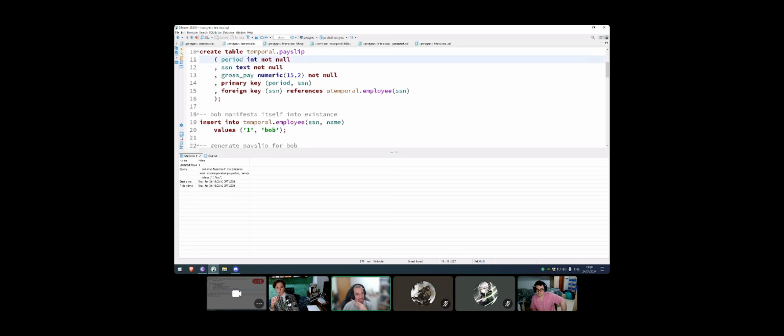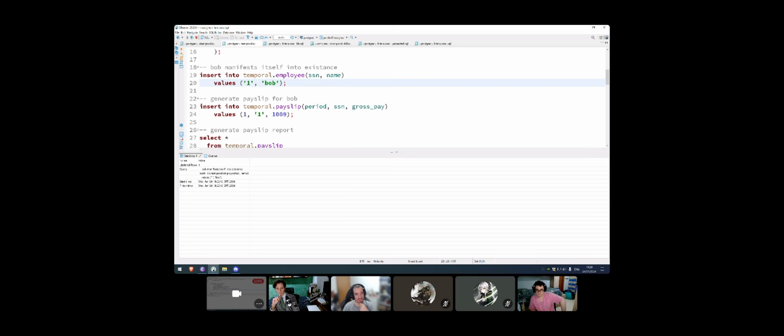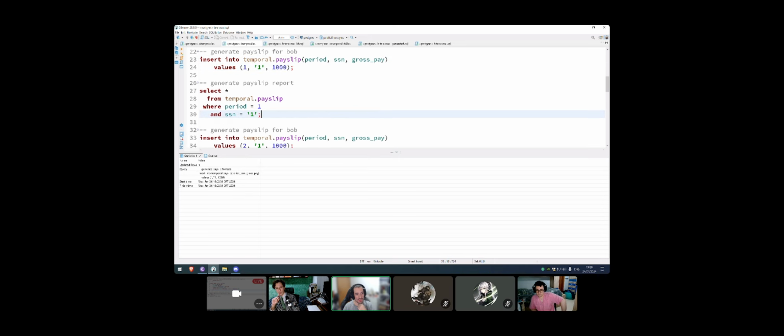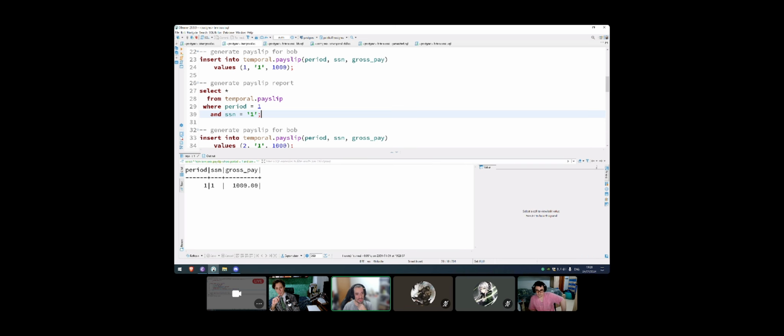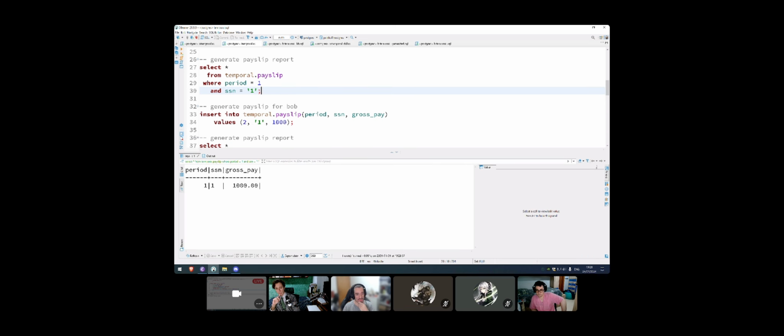Okay, so Bob's here. We do the payslip for the first period for Bob, and then his report for the first month. Okay, pretty much like before. Now comes the second period, and the system did not know yet about his pay raise.